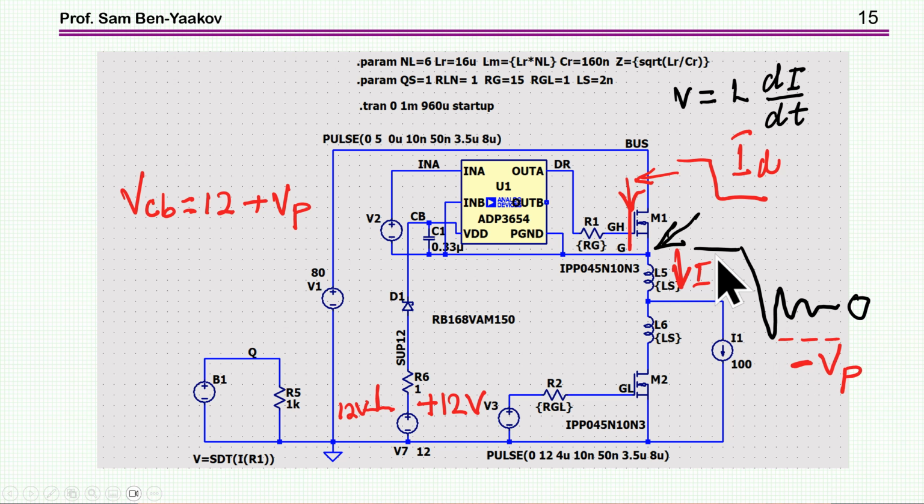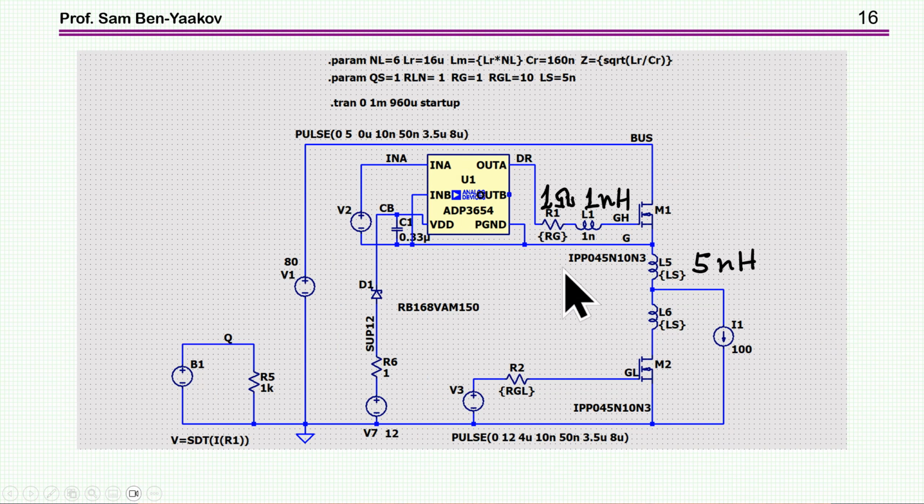Because as this voltage goes down to minus, then the effective voltage on the capacitor during the time that the diode is conducting is 12 plus this voltage, plus the peak voltage, and it could be very high. So this is the explanation for this extra, very harmful voltage on the Bootstrap capacitor.